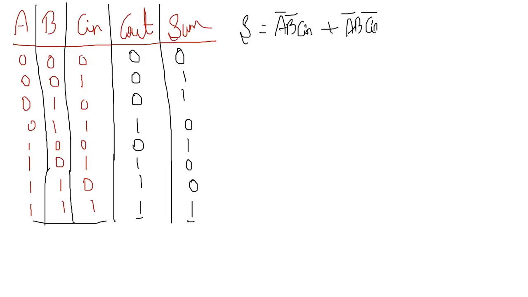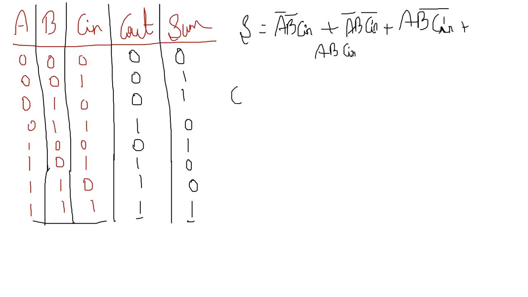See where the outputs are 1 and write the corresponding A, B, C values. So the sum is 1 when A is 1 and B and C values are 0: A B bar C in bar. Plus sum is 1 when A, B, C values are all 1: A B C in.